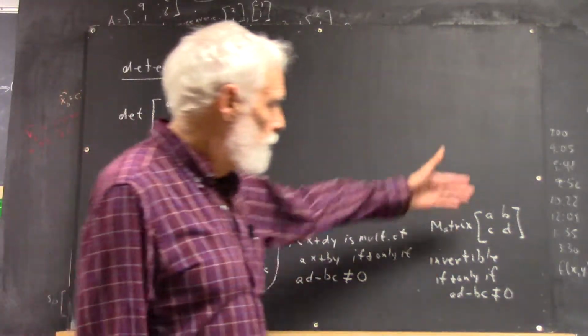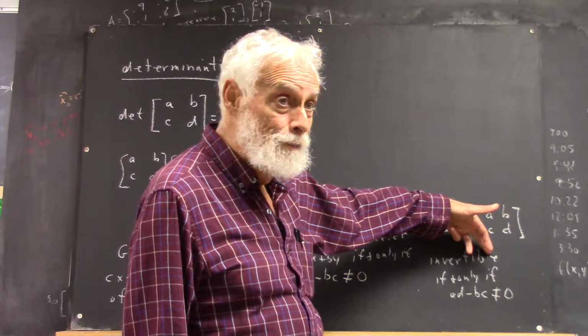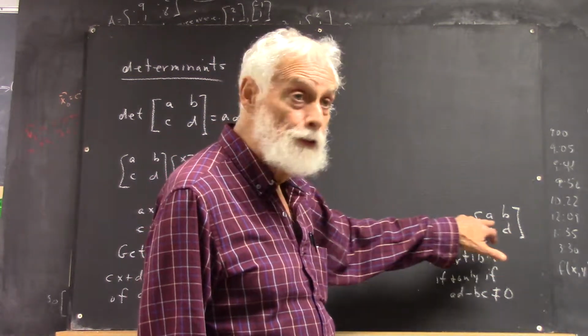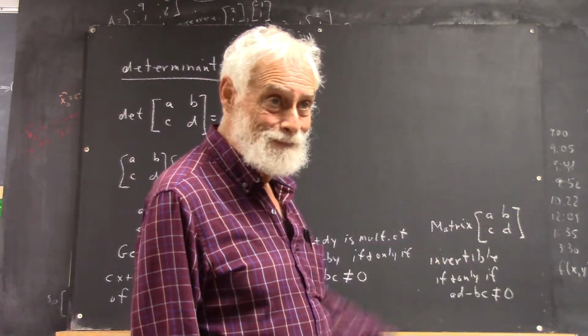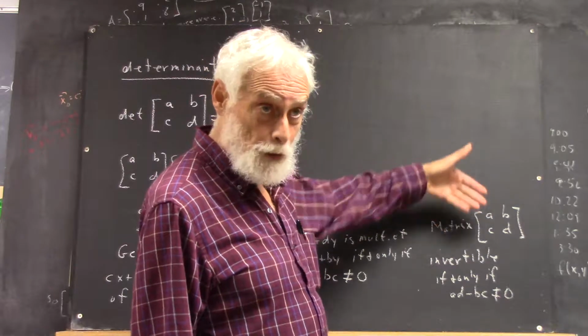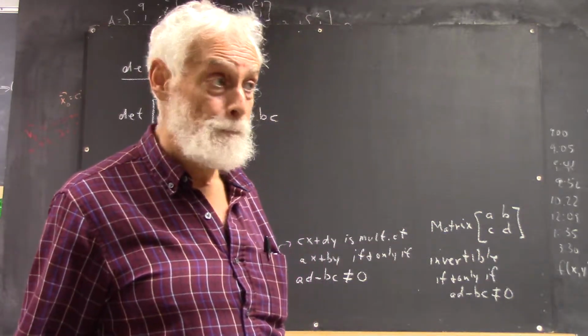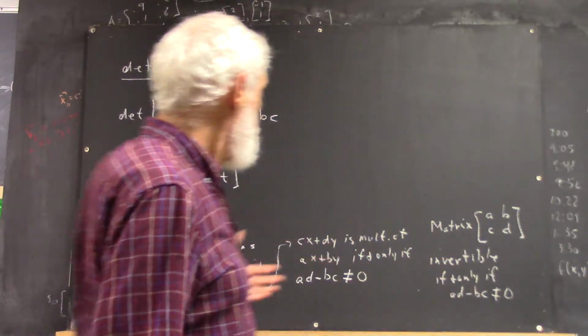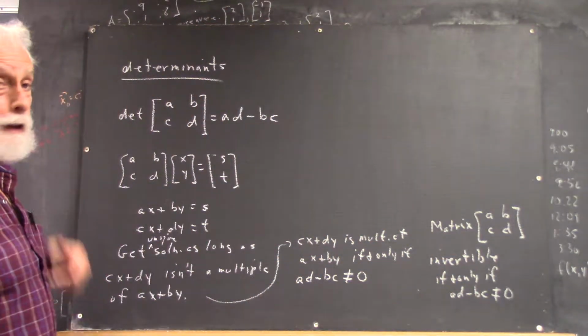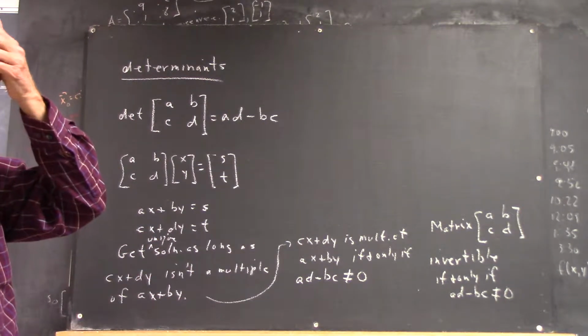Because it's invertible if and only if you can reduce it to the identity. Well, that ain't going to happen if CD is a multiple of AB. Okay, if this row is a multiple of this one, then again, eliminating one of these things is going to eliminate the other one. Okay? So you have these properties of determinants already as long as you have a 2 by 2 matrix. Okay?